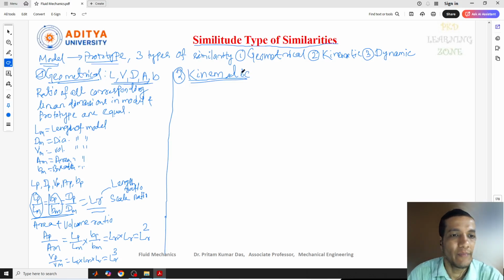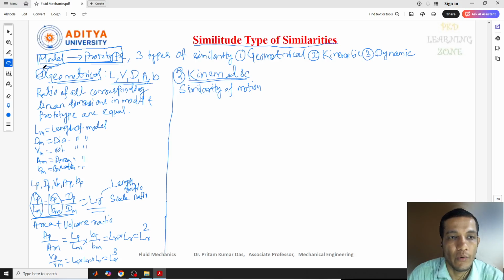In geometrical similarity we took the length dimensions; here in the kinematic similarities it is the similarity of motion, between model and prototype, because our comparison is between model and prototype.